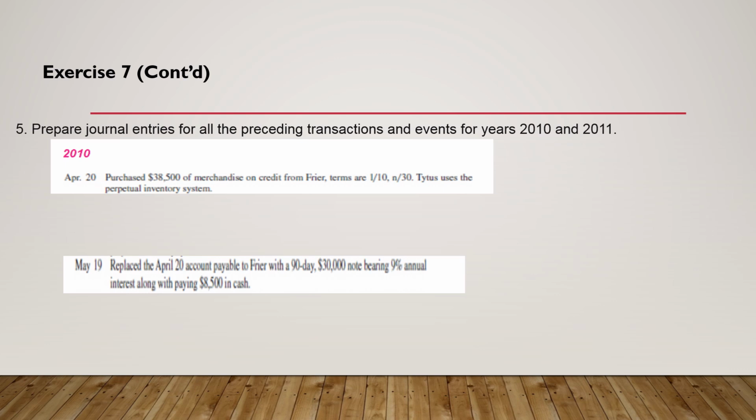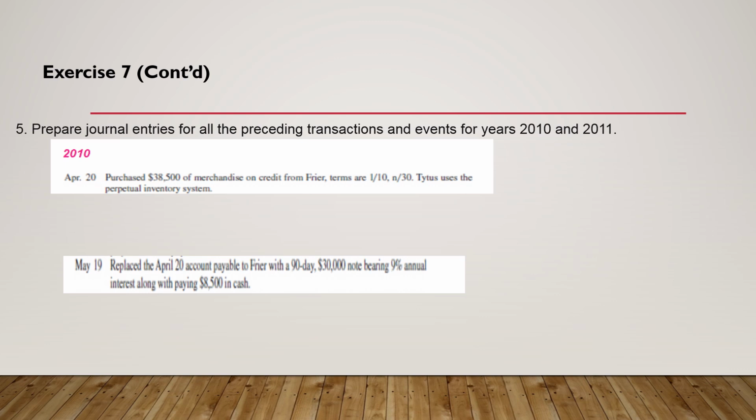Terms are 1/10, n/30. Titus uses the perpetual inventory system. As I told you in the previous semester, these credit terms indicate that we purchased the merchandise on credit, even if it's not said that we purchased it on credit. Once we see this credit term, I automatically know that this merchandise is purchased on credit.